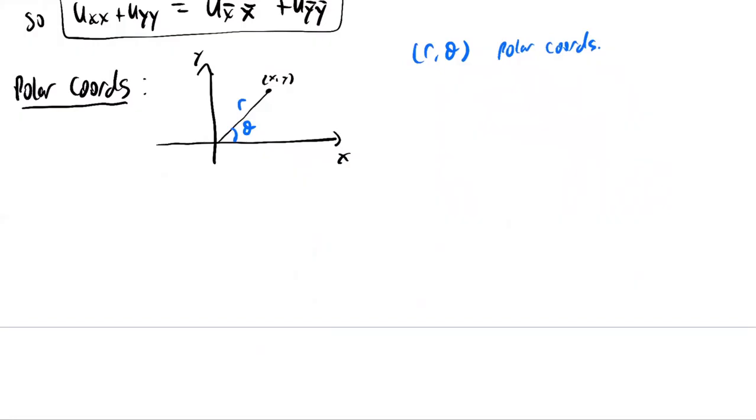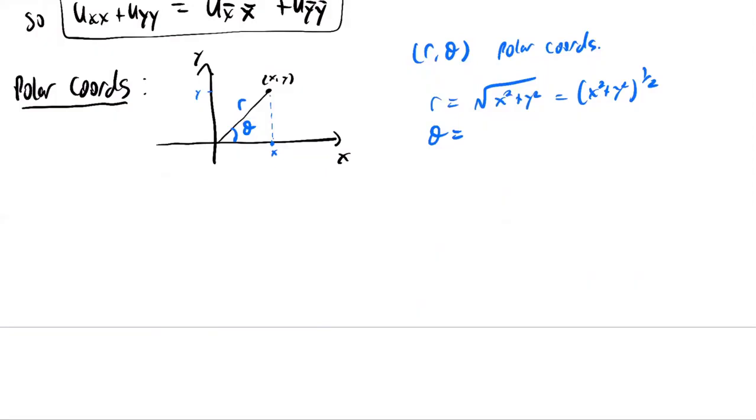Well, remember, how do these coordinates relate back to the others? Well, r is the length of this vector, so it's the square root of x squared plus y squared. Right, and theta is given by, right, so this is my x value. This is my y value.